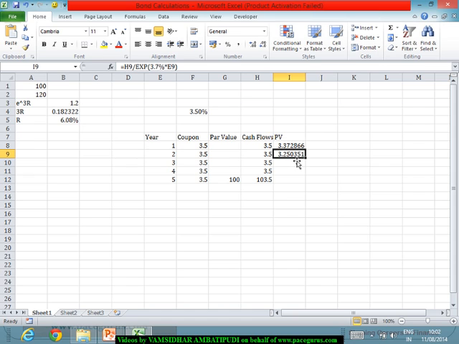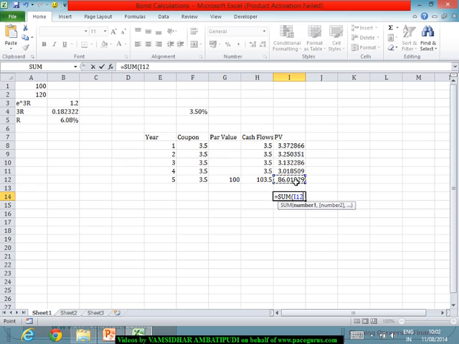Now these are the different present values. The total present value is the summation of all these, which comes out as 98.79.